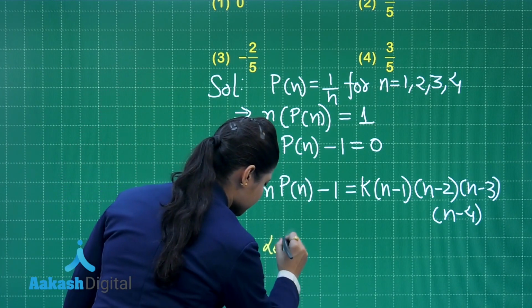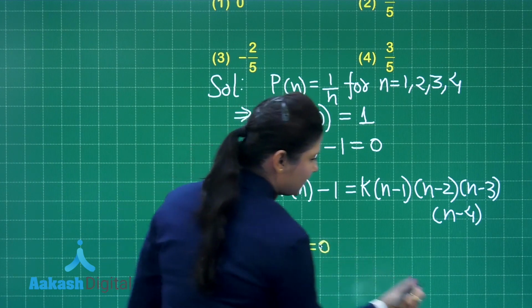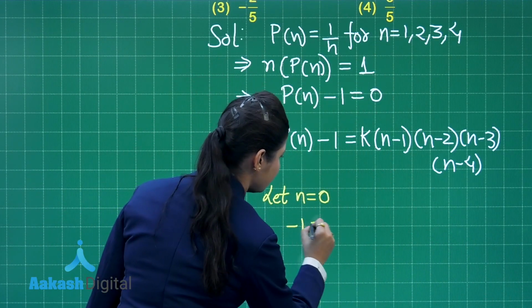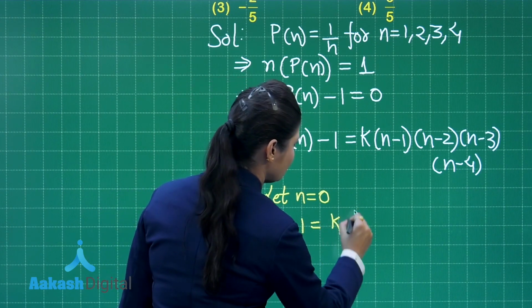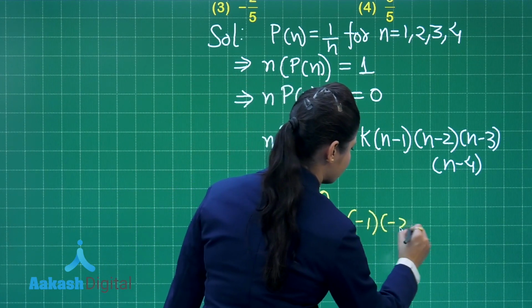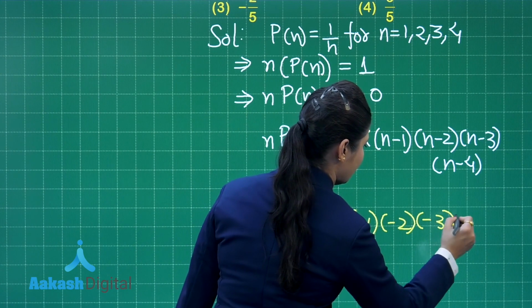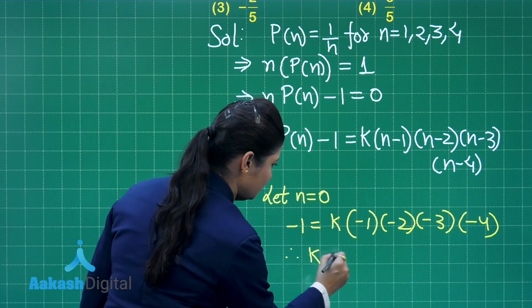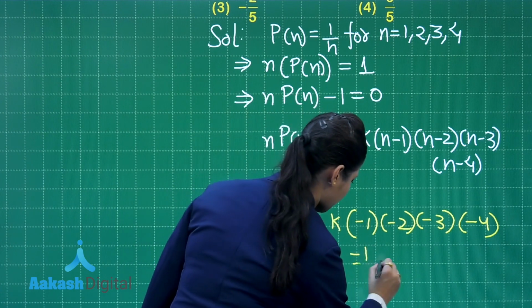So, if I let n is equal to 0, then in that case, I get that minus 1 is equal to k into minus 1 into minus 2 into minus 3 into minus 4. That gives me the value of k equal to minus 1 upon 24.